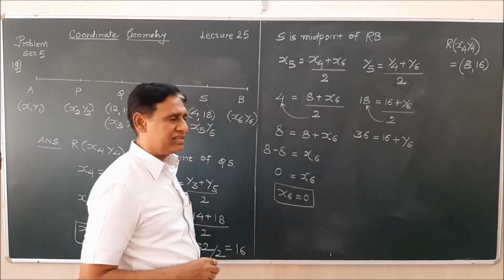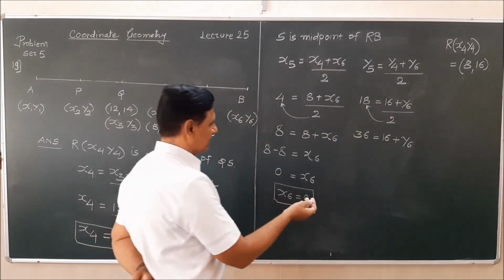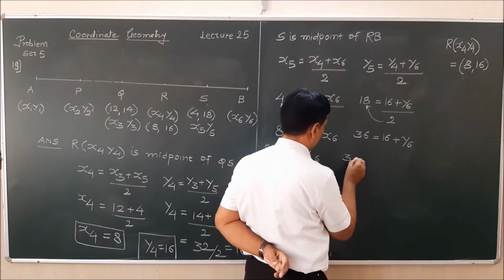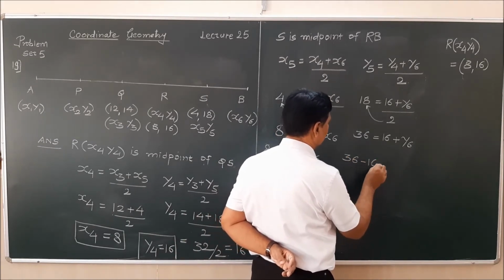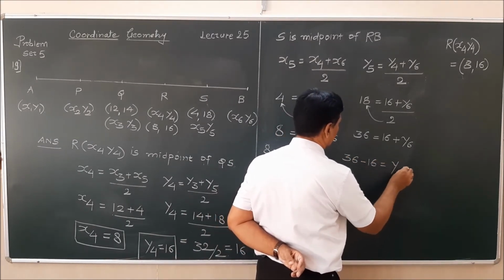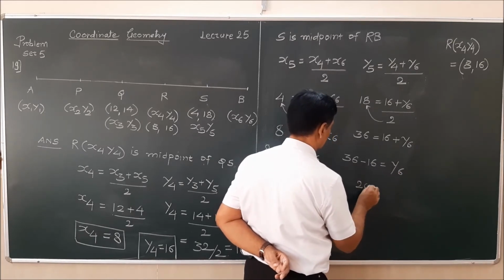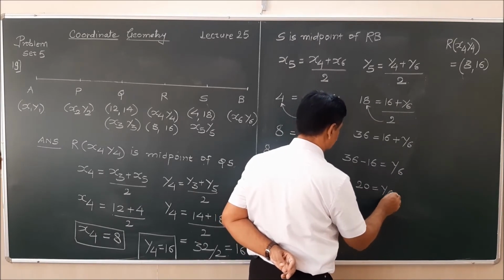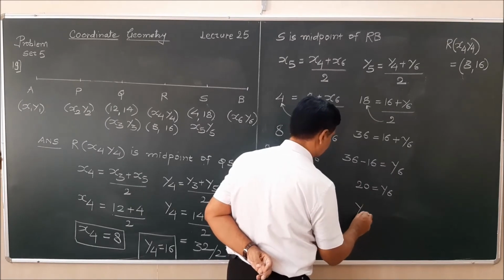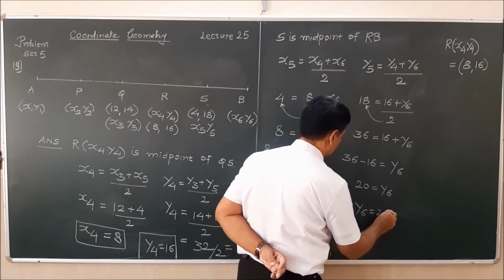So 36 minus 16 is equal to y6. 20 is equal to y6.